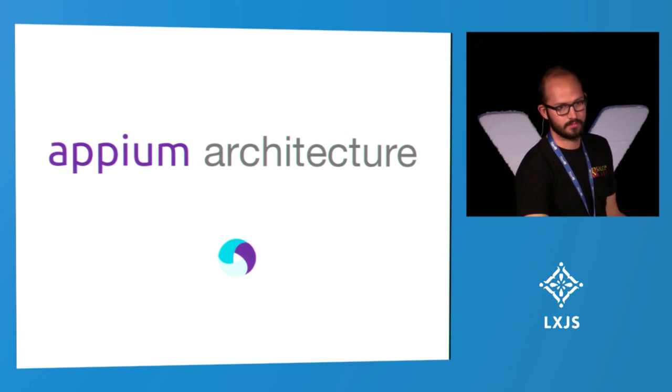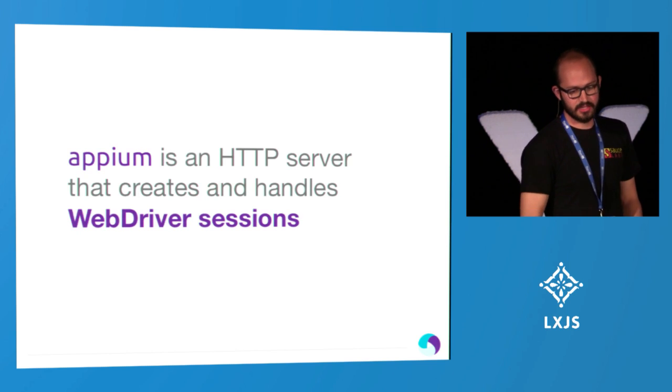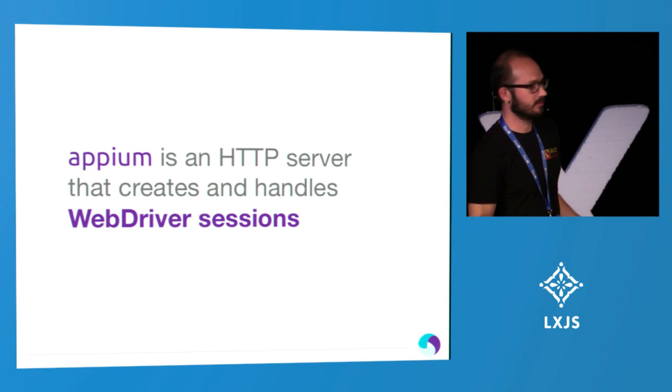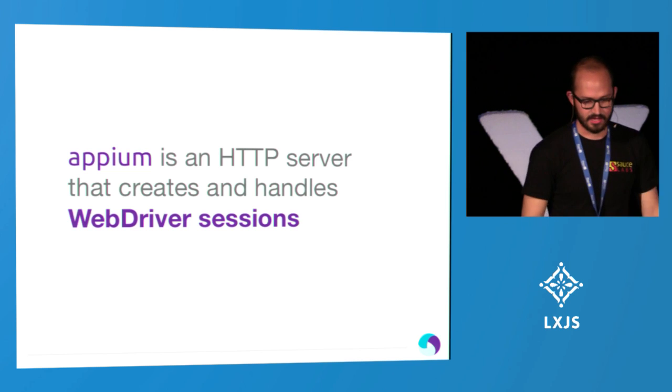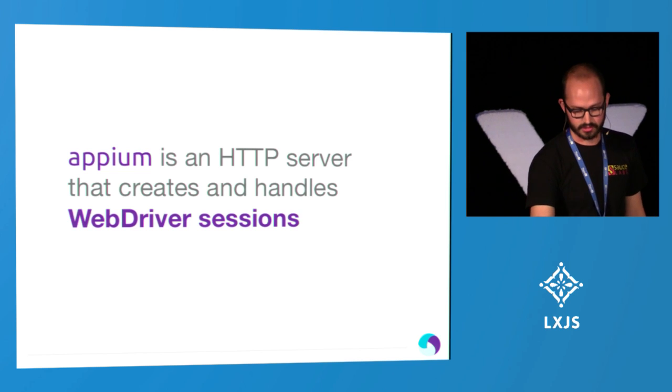So how is Appium architected such that it kind of meets these desires that we had for it? Well, basically, it's an HTTP server. So it actually runs on Express, and it creates and handles WebDriver sessions.